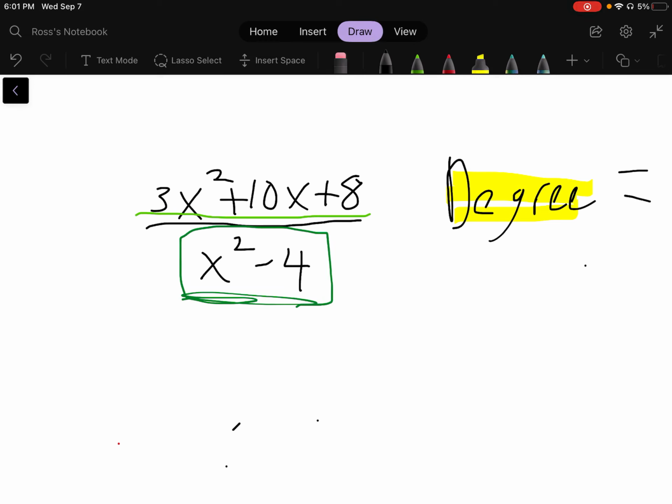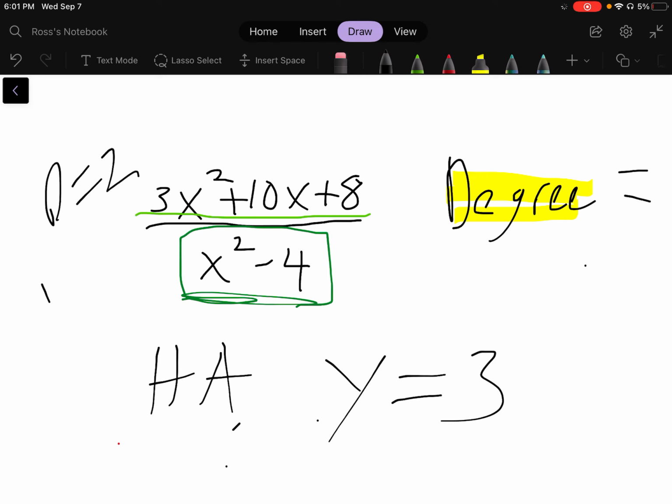What would the horizontal asymptote of this be? The horizontal asymptote of this is just going to be 3. HA would be at y equals 3 because the degrees are the same, right? The degree equals 2, the degree equals 2. And so it'd be 3 over 1, because we have an invisible 1 since there's nothing in front of the x squared. So that's y equals 3.